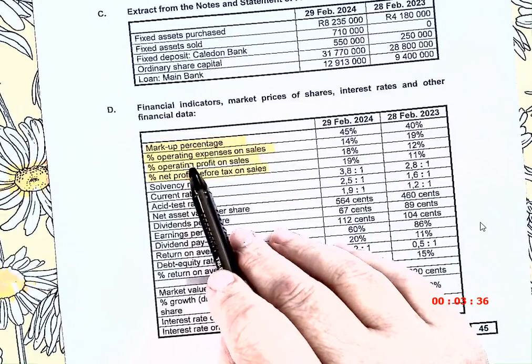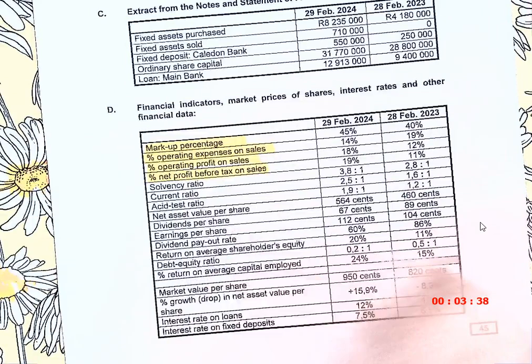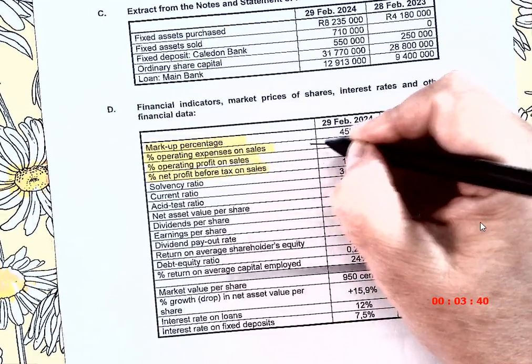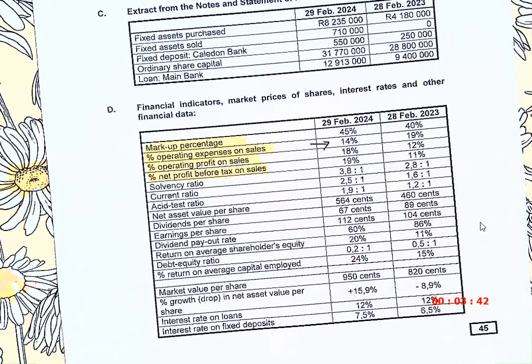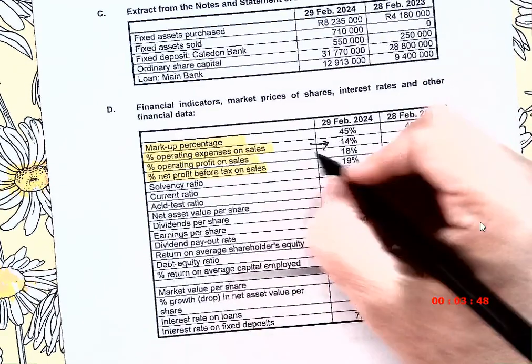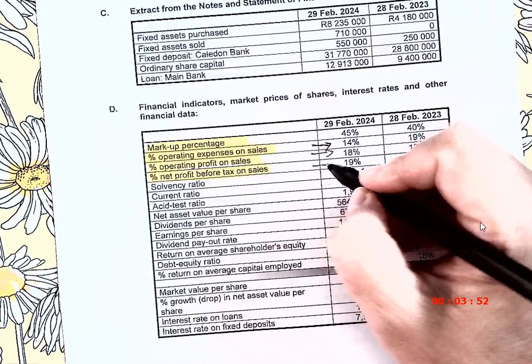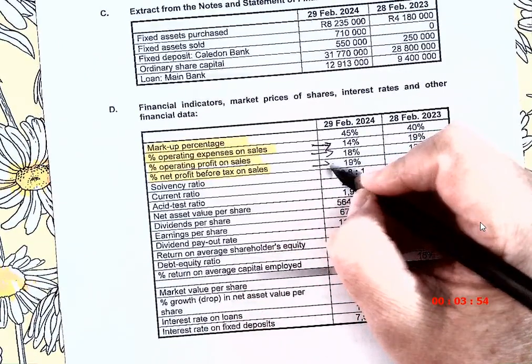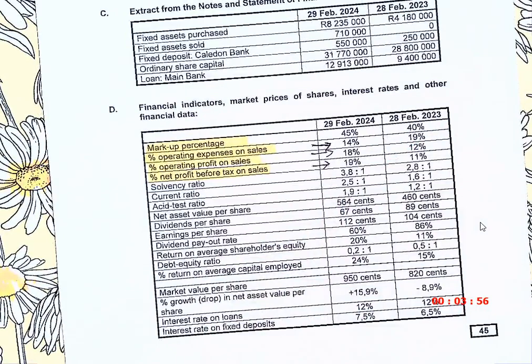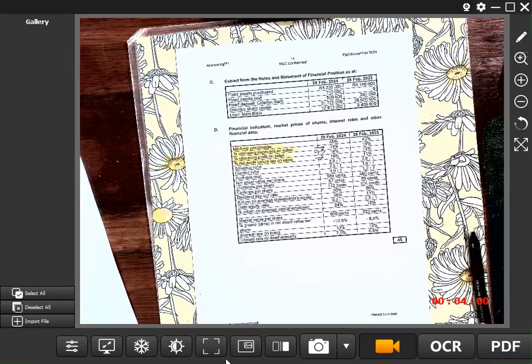Yes, operating expenses on sales. This one is more straightforward now. So I'm going to quote that one. Operating profit on sales. Yes. Net profit before tax on sales. Yes. So let's go look at how they quoted it.